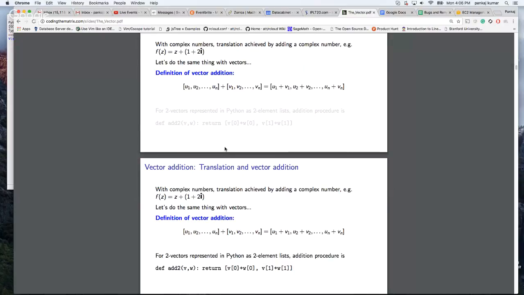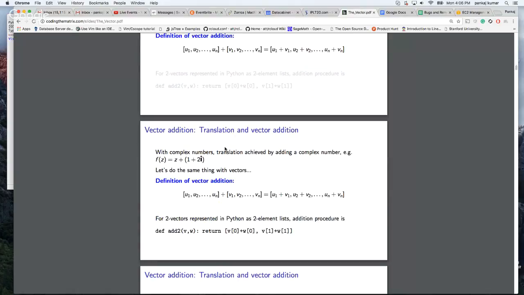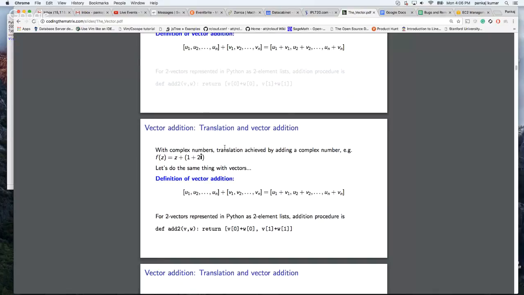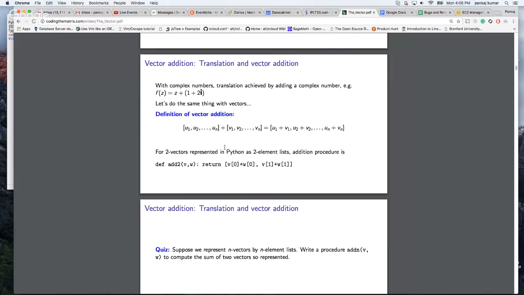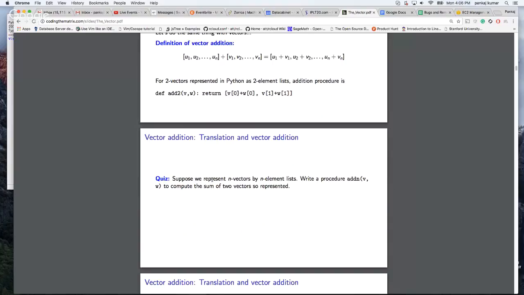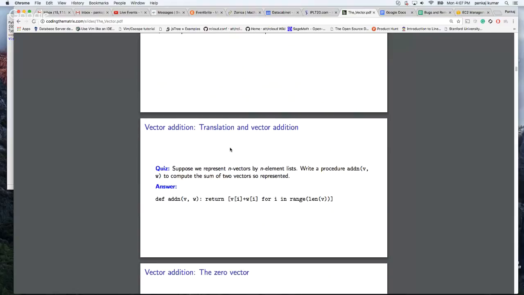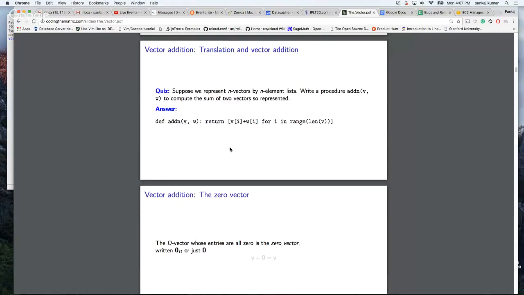So similar to complex translation. So this is still translation, and suppose we represent n-vectors by n-element lists. Write a procedure to compute the sum of two vectors so represented. This will be very similar to this add method, and this can also be found in the notebook.